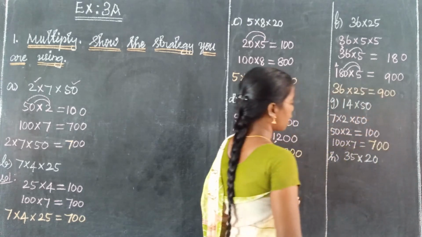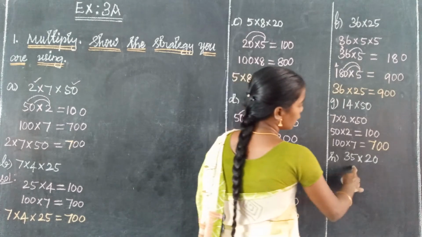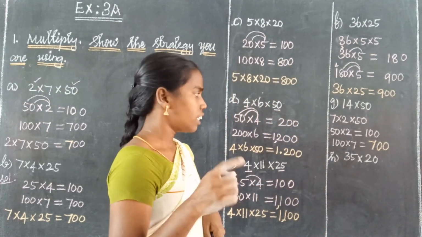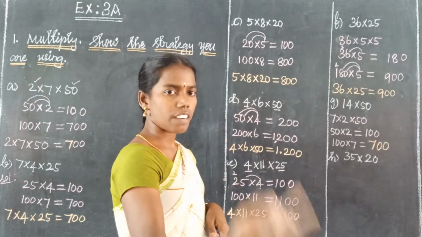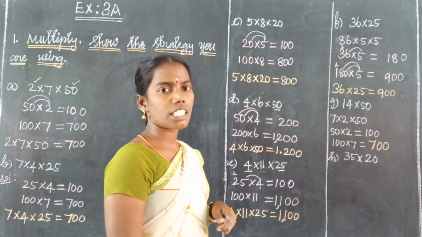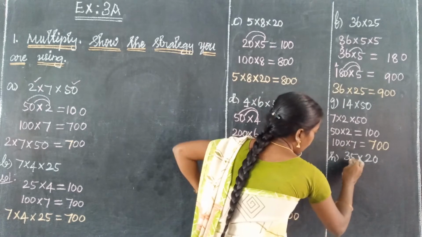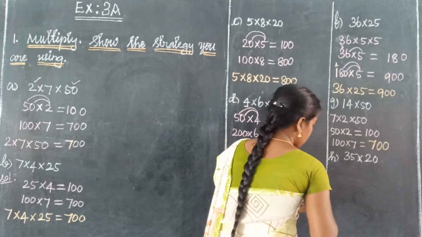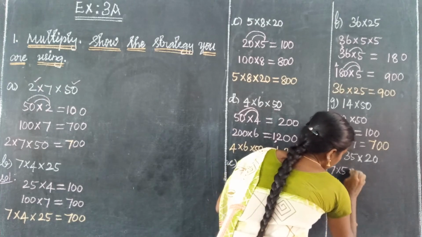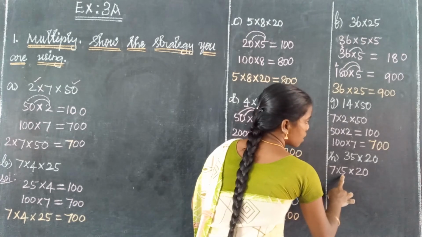The answer is 700. Okay. Then problem H: 35 into 20. We can split 20 as 10 2s, and for 35 we can use the fifth table: 6 5s are 30, 7 5s are 35. Then I am choosing 35 as 7 into 5. First I am choosing this 20 and second one 5.